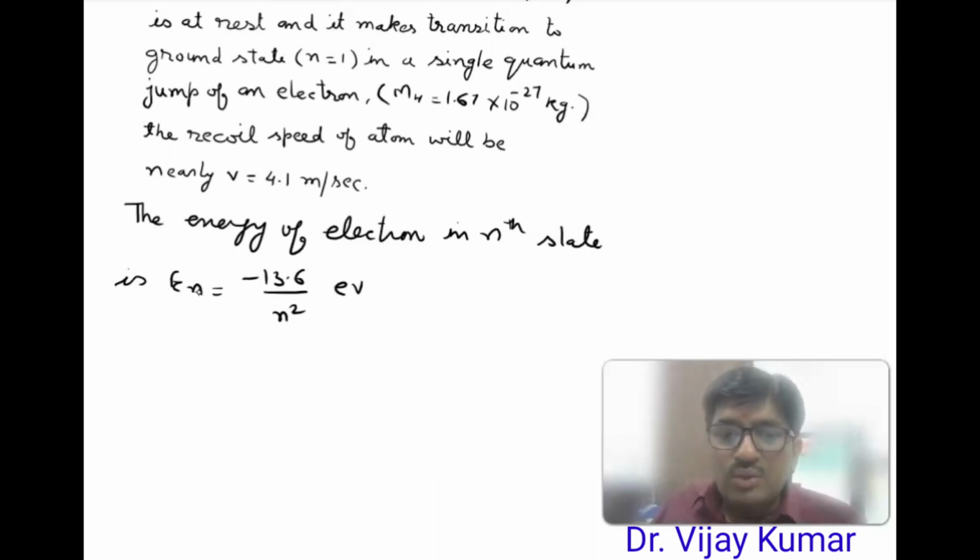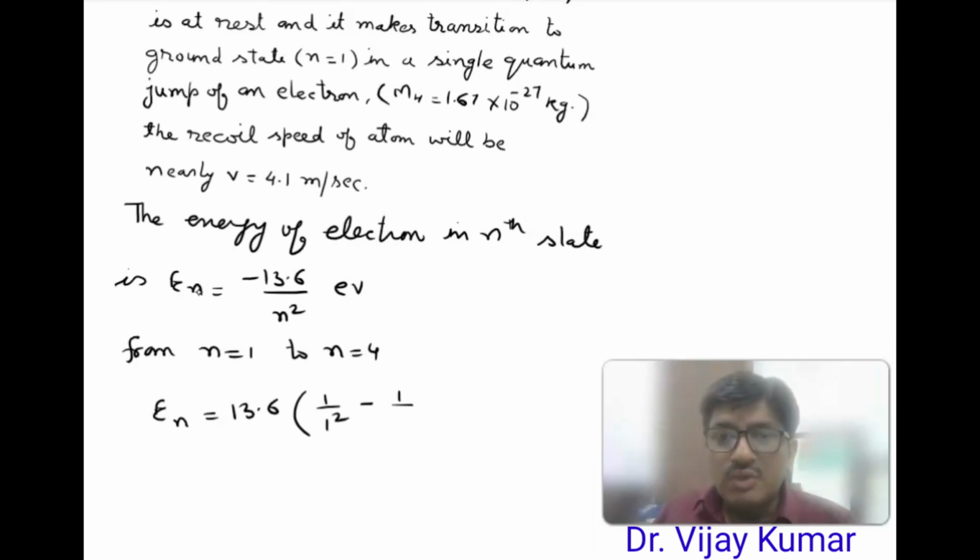And if we want to determine the energy absorbed in the transition from n equal to 1 to n equal to 4, it should be E equal to 13.6 times 1 upon 1 square minus 1 upon 4 square.